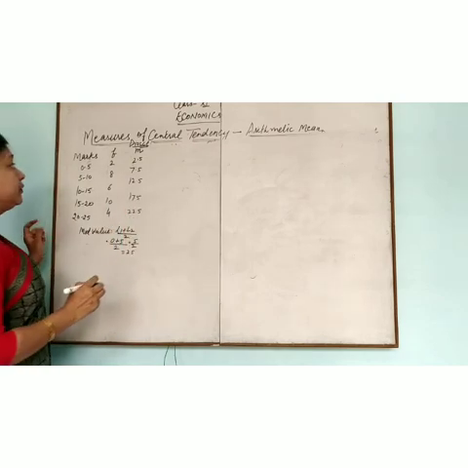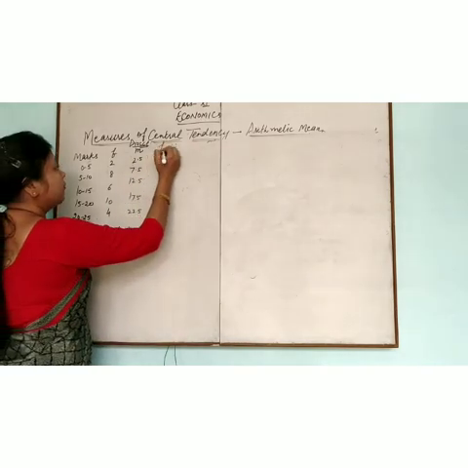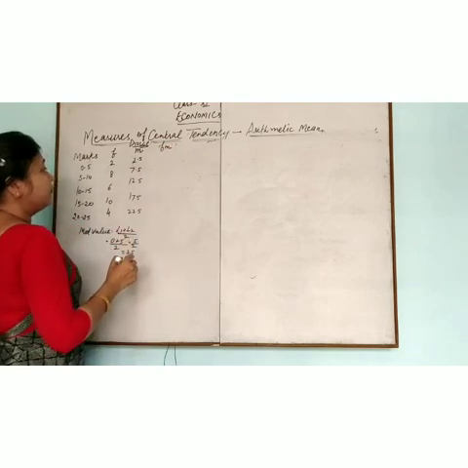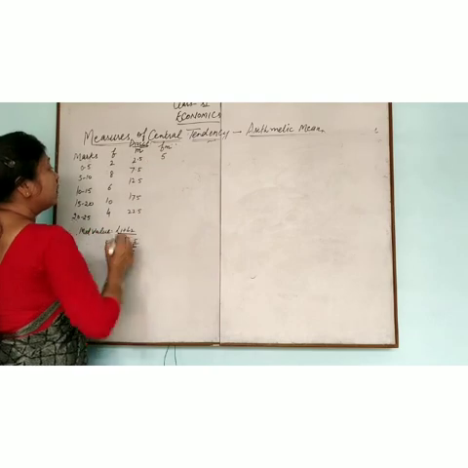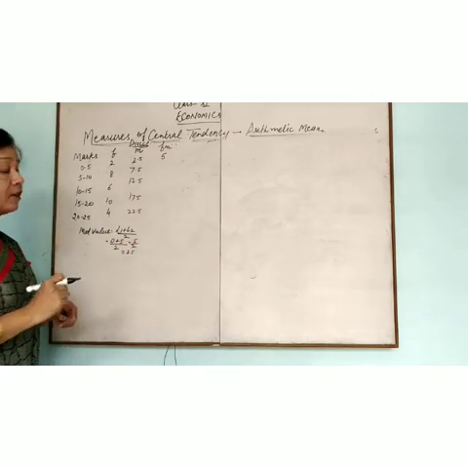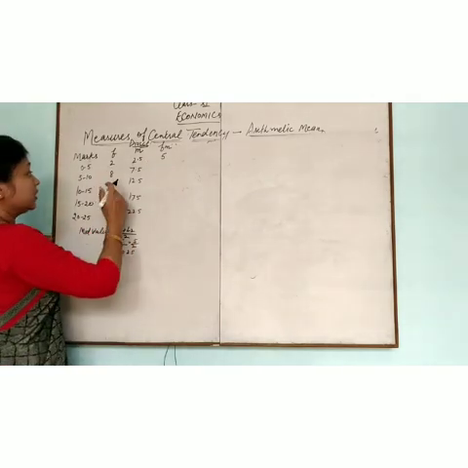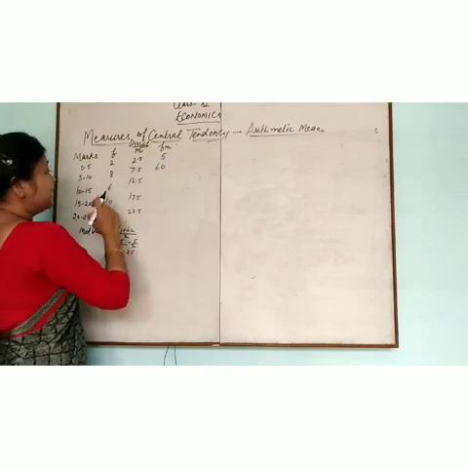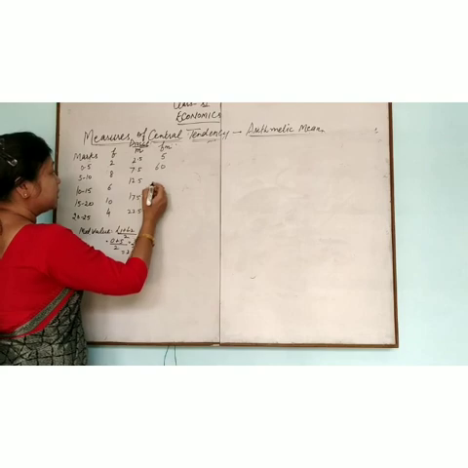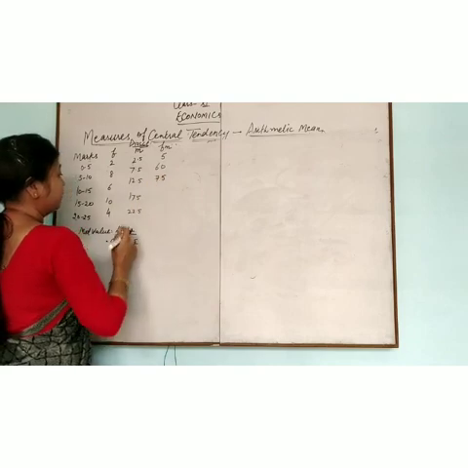Now after calculating the mid value, we will multiply f and m. 2.5 multiply 2, that is equal to 5. 7.5 multiply 8, that is equal to 60. 12.5 multiply 6, that is equal to 75.